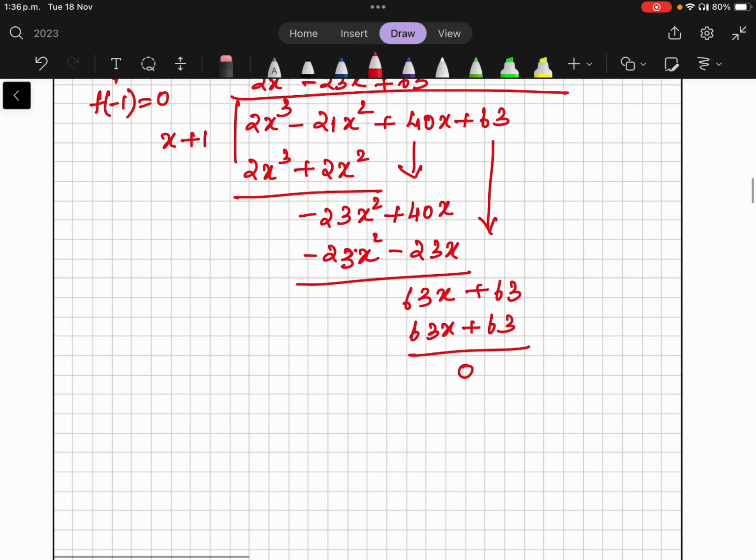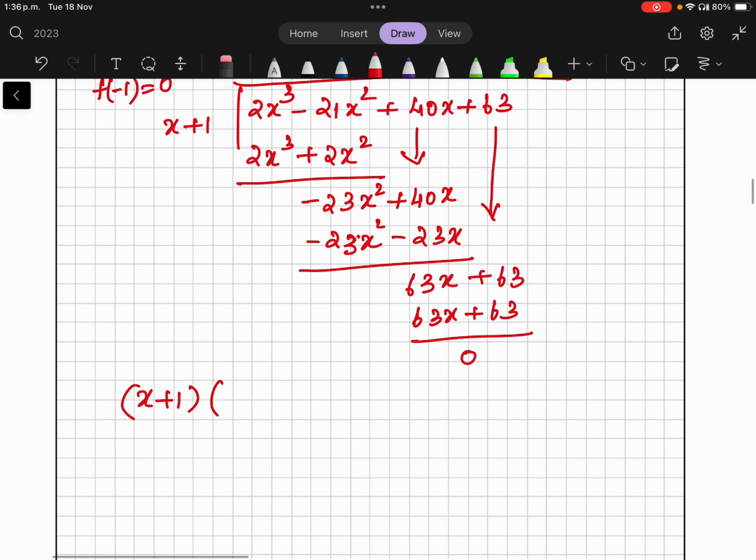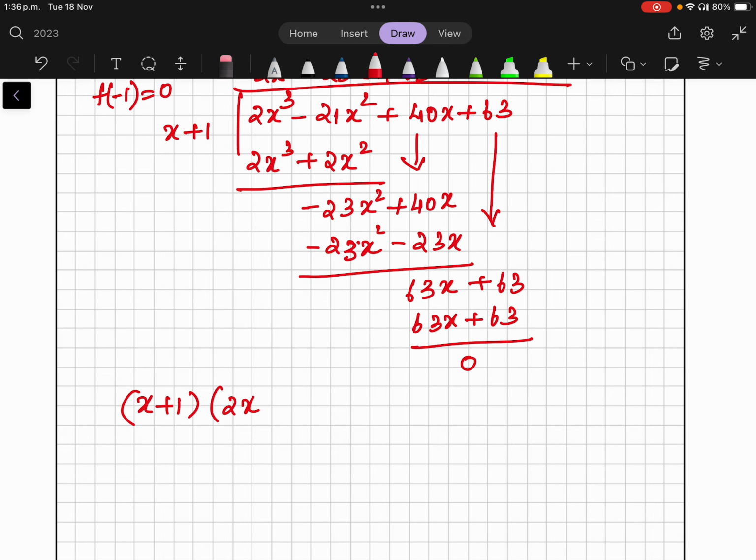Remember, whenever it is a factor, the remainder will be 0. Now you can write this as x plus 1 and then this quadratic, 2x square minus 23x plus 63 is equal to 0.